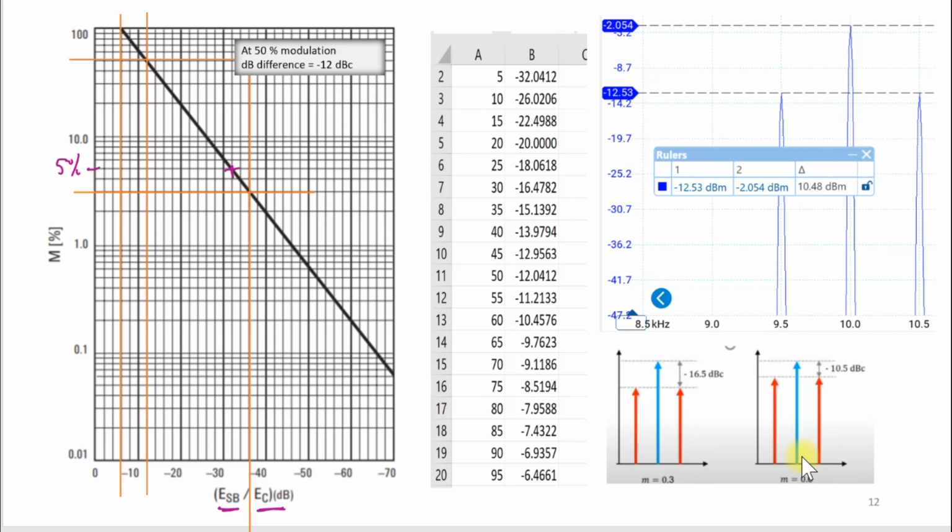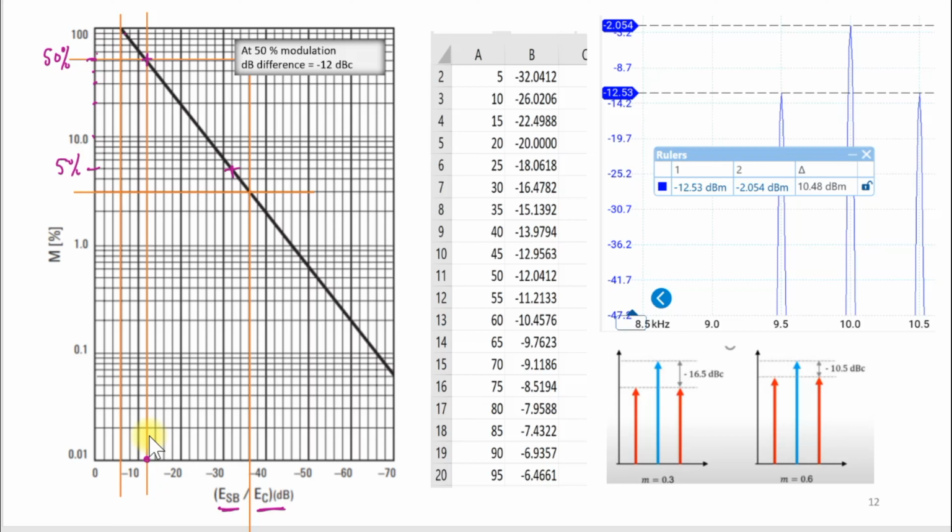So for example, if I had a difference of minus 12, which would be right here, I'd come up this line until it hits that diagonal. On where it intersects, if I come across from that, this would be 10, 20, 30, 40, 50. So it would be giving me 50% modulation with minus 12 dB.